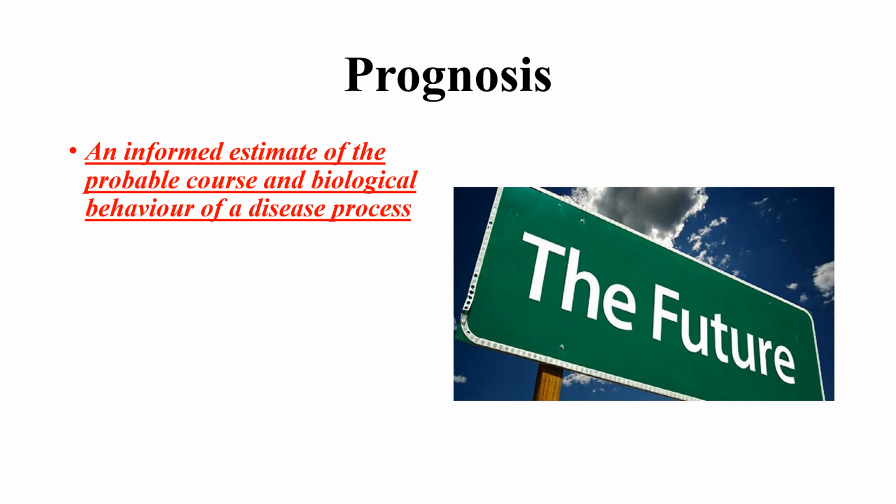But in the same way, if a patient is suffering from AIDS, what will be the final outcome? Obviously, he will die. So prognosis is an informed estimate of the probable course and biological behavior of a disease process. It will tell you the outcome or the future or end point of that particular disease.